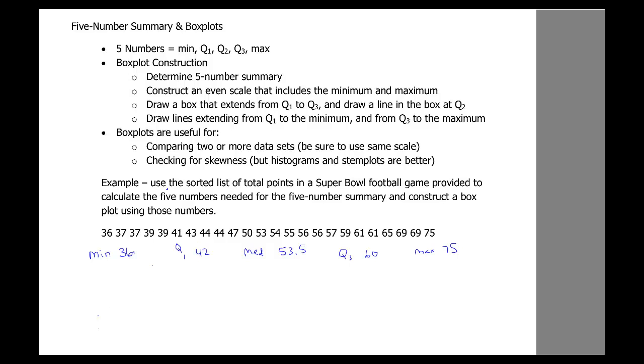The most important thing when you're drawing a box plot is to have an equally spaced out x-axis. And I'm just going to start with 30 and go by 5s. So that'll give us a pretty good range to use.